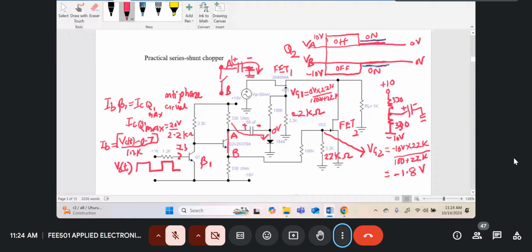So you'll get a minus 10 volts to the gate of FET1, and this 100K, this 22K. So we are going to get again minus 1.8 volts connected to the gate of the top FET.